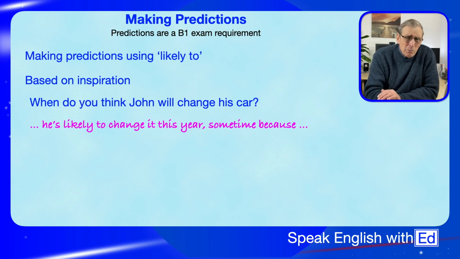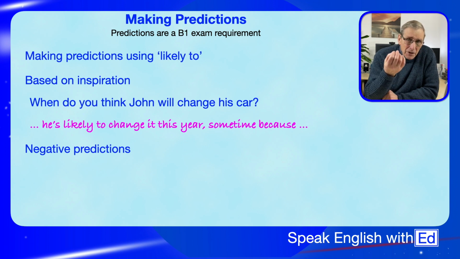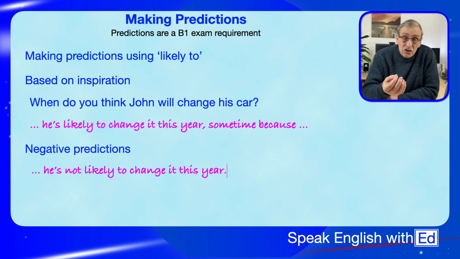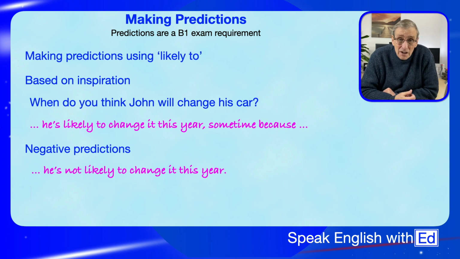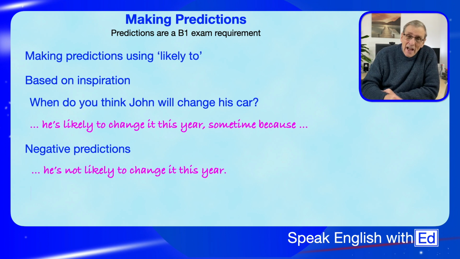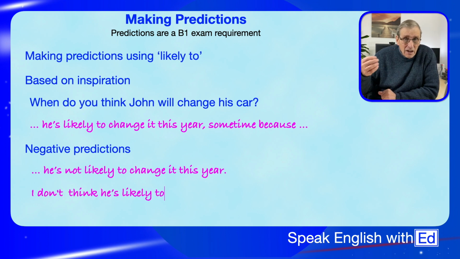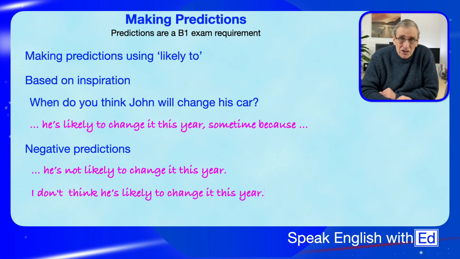Now, we don't always make positive predictions. Some of the predictions that we predict are negative, right? So you can make a negative prediction by putting not in front of likely. So you can say, he's not likely to change his car this year because of the economic crisis, whatever. Or you can say, I don't think he's likely to change his car this year.